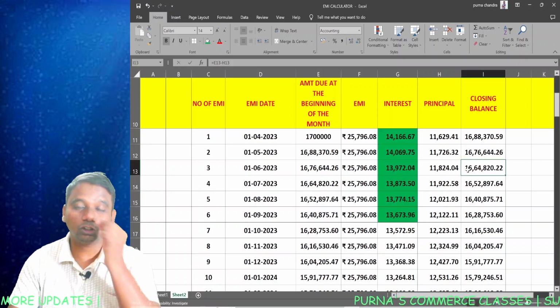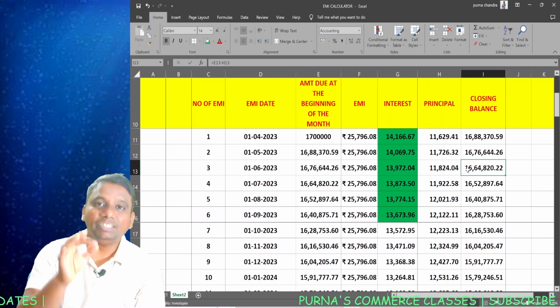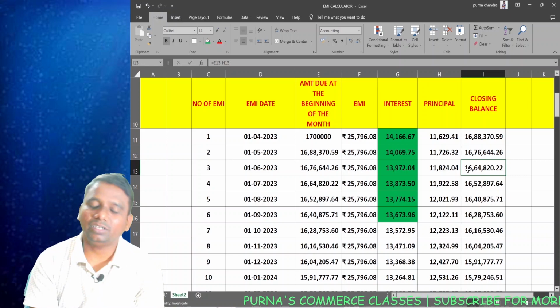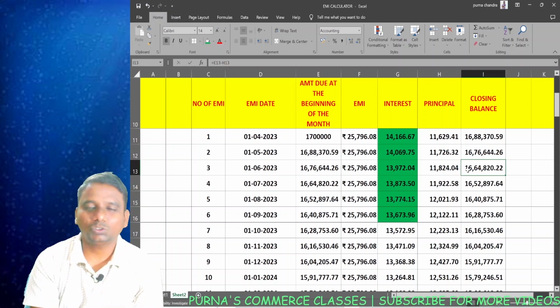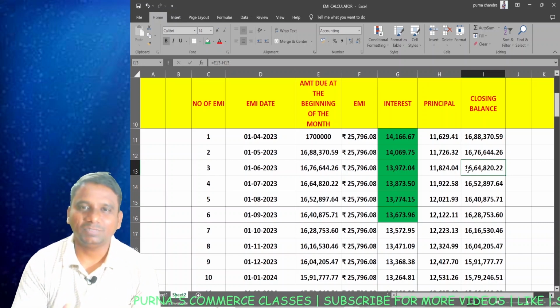All these things we should calculate in the examination problems manually. If you can understand this calculation and manual calculation also, you can understand easily. I hope you understood this, students. Okay, now we jump into journal entries.